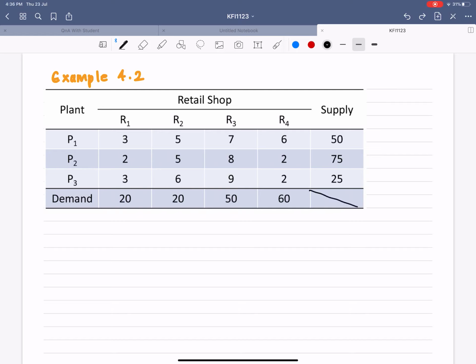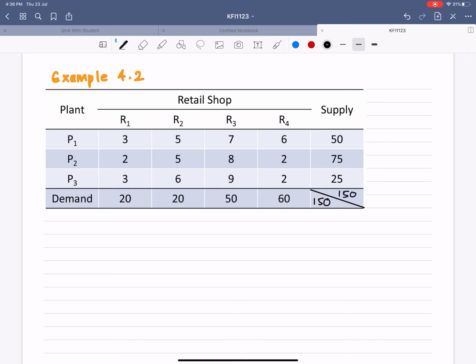So we have 150 for total demand. And for the supply, we also have 150.